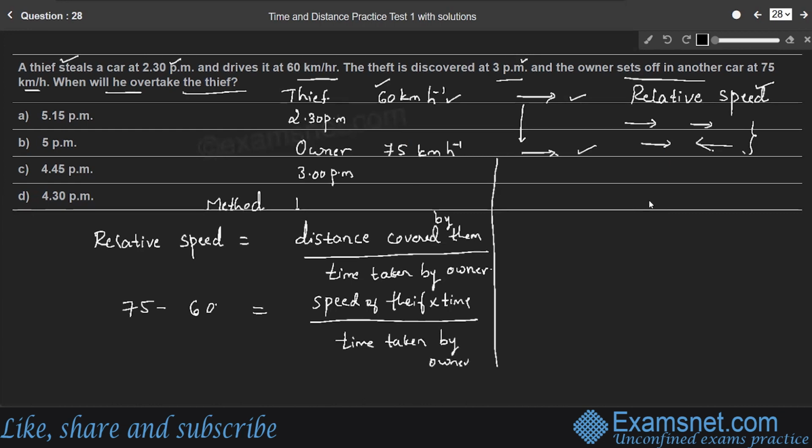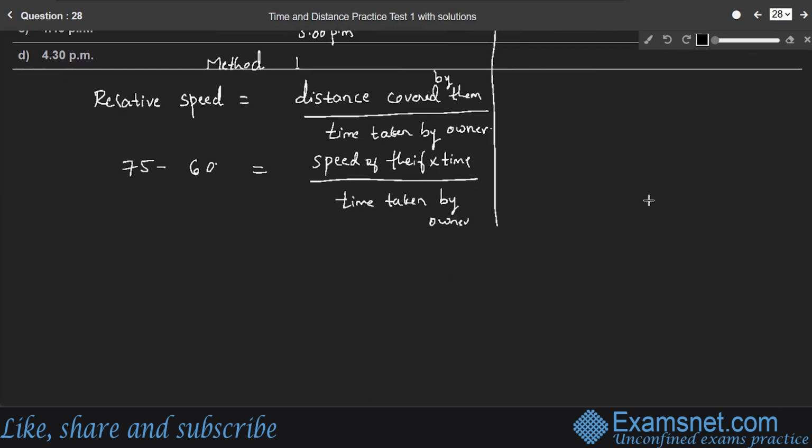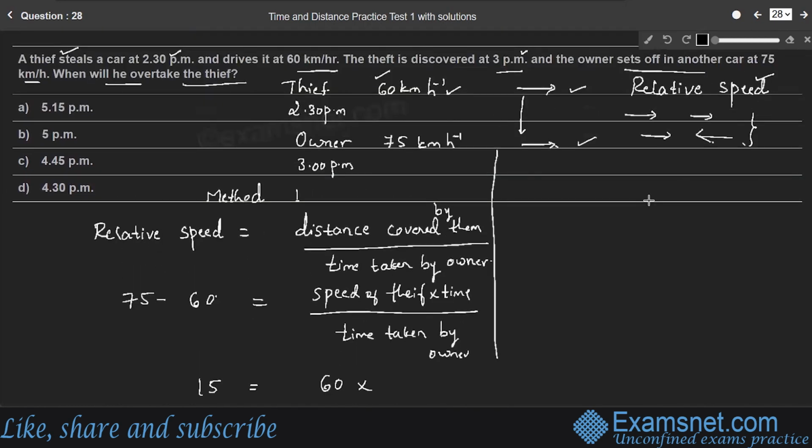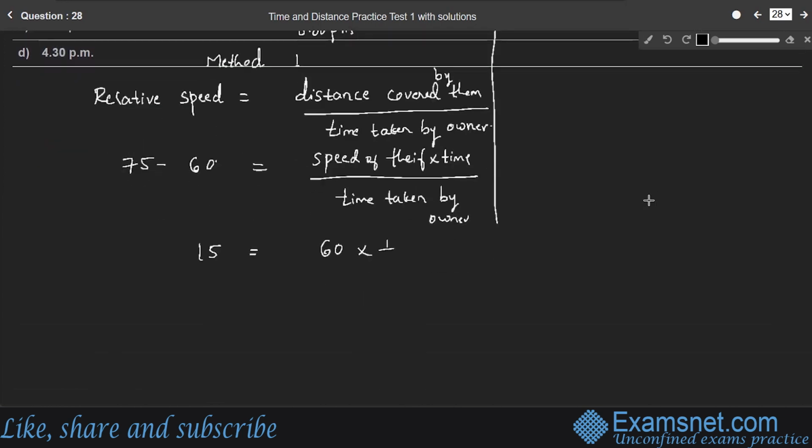Here the difference in their speeds, the LHS part, is 15 km per hour. The speed of the thief is already given, 60, into the time from 2:30 to 3 p.m., which means he takes half an hour to cover that distance.